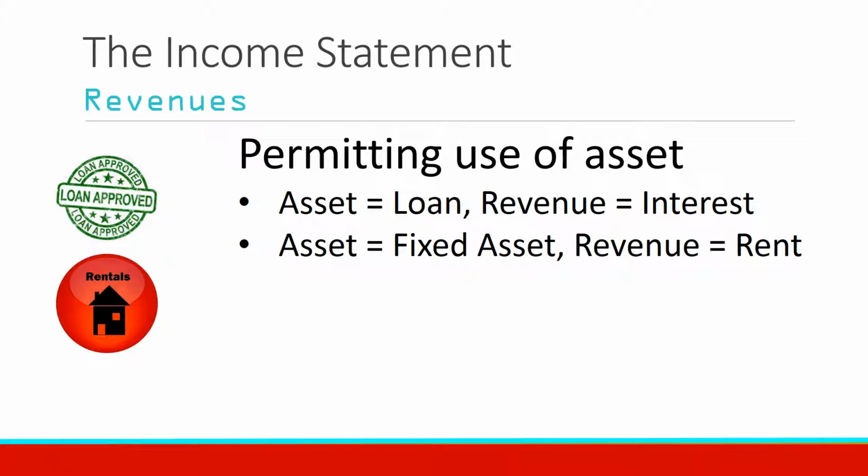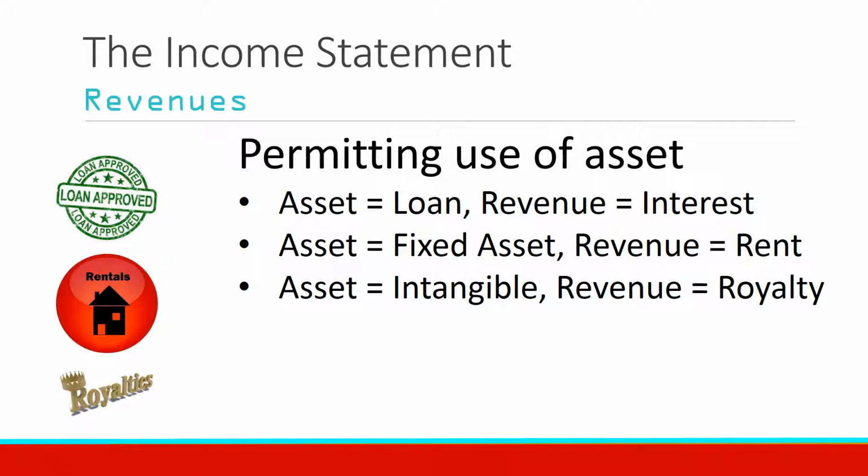For example, you could rent out a fixed asset, a building, a machine, some space, and in exchange, the revenue you will earn is rental revenue. A final example could be that you are renting out or letting somebody take advantage of an intangible asset you have, such as a patent, a copyright, a trademark. In that particular case, the kind of revenue that you earn is often called royalty income or revenue.